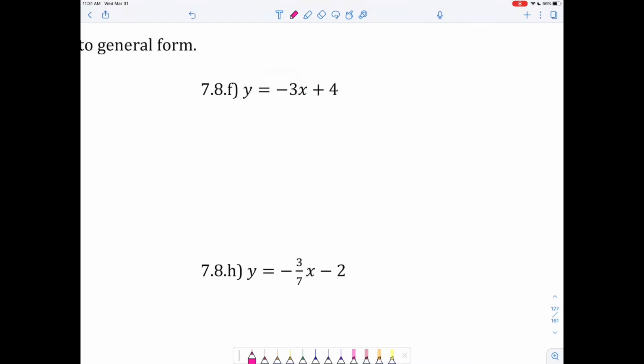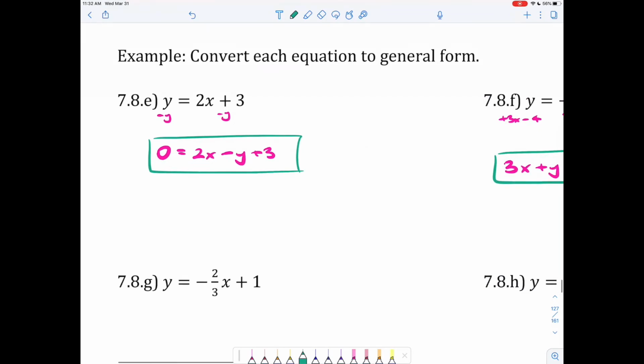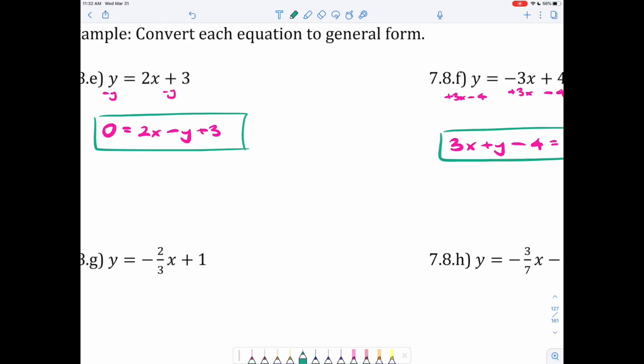So I'd rather add 3x and subtract 4 from this side, add 3x and subtract 4 from this side, so that on the left side, I'm saying 3x plus y minus 4 equals 0. So it doesn't matter if we say something equals 0 or 0 equals something. Either way, we're equating 0 to something else, and that is A-OK.